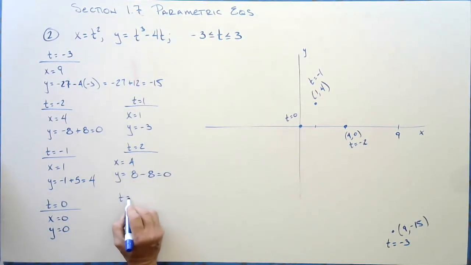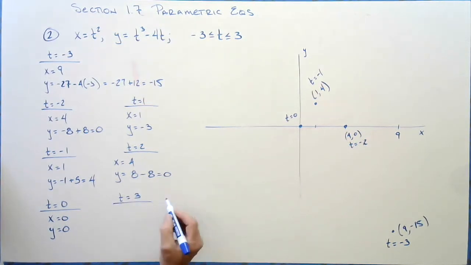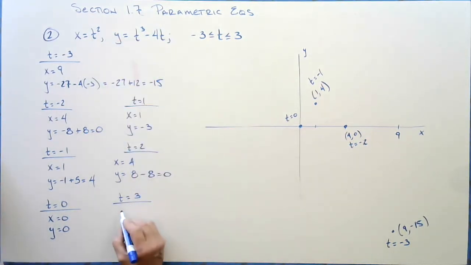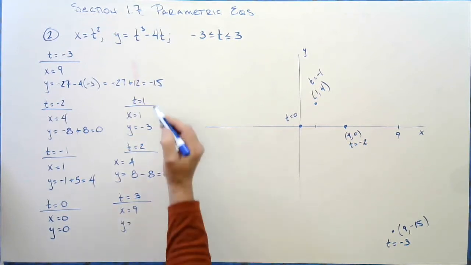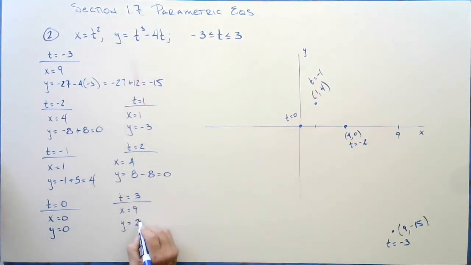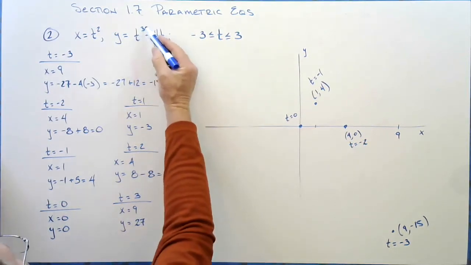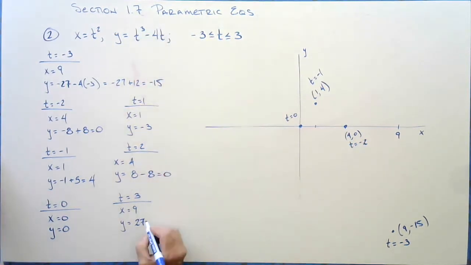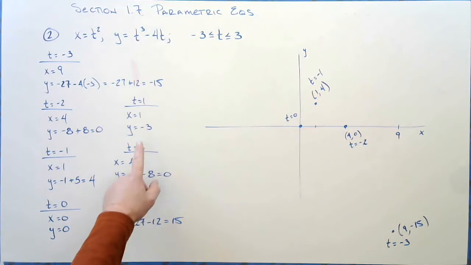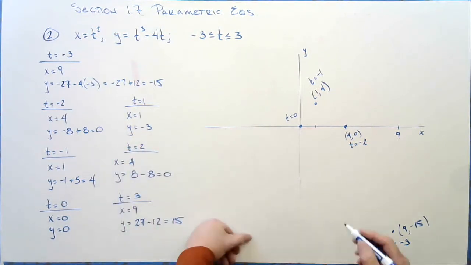And now we get t equals 3. We plug in t is 3 here. We get x equals 9. We plug in t is 3 here. We're going to get 27, 3 cubed, minus 12, or positive 15. So our points here are going to be x is 1, y is -3.